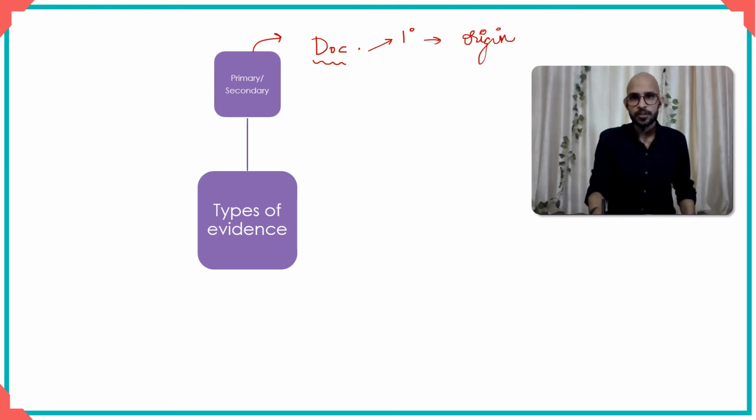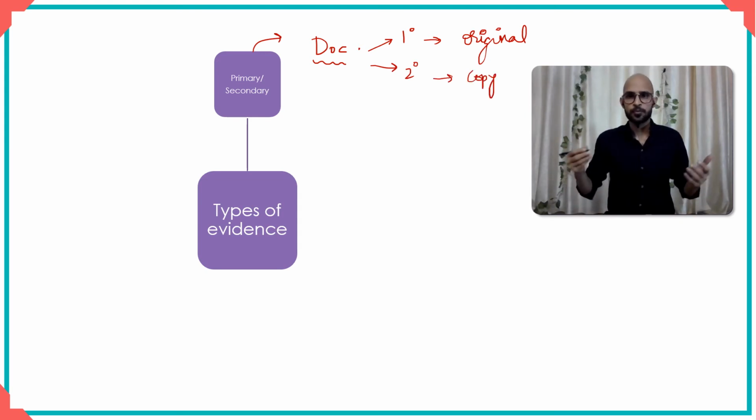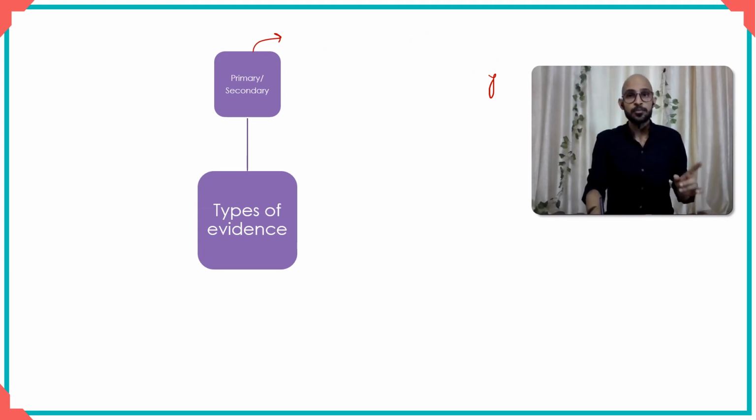When the original document is produced, it is the primary document. However, if you are required to get a copy of the original in whatever form, whether as a photocopy or whatever, then broadly that is what we understand as secondary evidence. So you understand now that primary evidence and secondary evidence are two types of documentary evidence. So I will ultimately show you that everything is either oral or documentary.